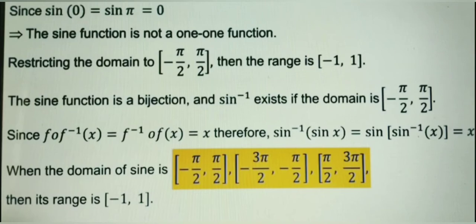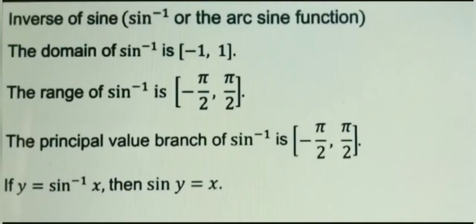Now, few of the domains of sine are given, although there are many, but amongst the three given here, the closed interval minus pi by 2, pi by 2 is the principal domain. Therefore, the domain of sine inverse is the closed interval minus 1, 1.